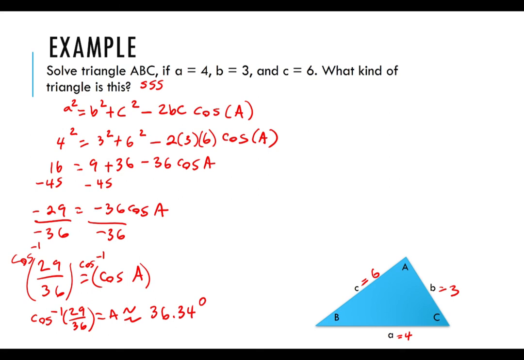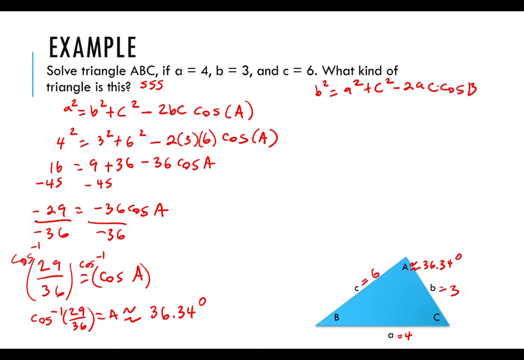Well then, if I want to find angle B, we can use law of cosines again if we so desire. A, I now have, is approximately 36.34 degrees. Then let's use law of cosines to find angle B. So, that's going to be b squared is equal to a squared plus c squared minus 2ac times cosine of b. Watch out for that c times cosine.